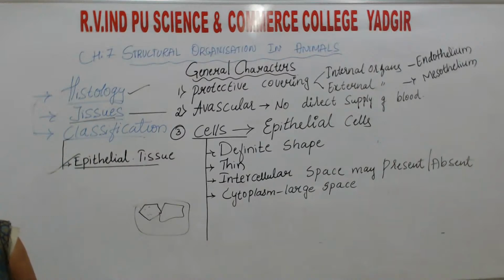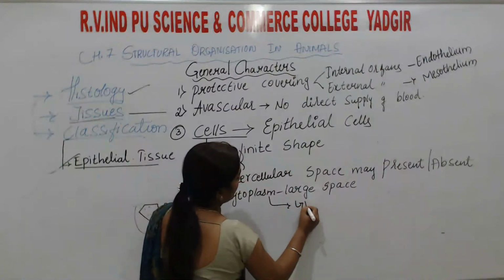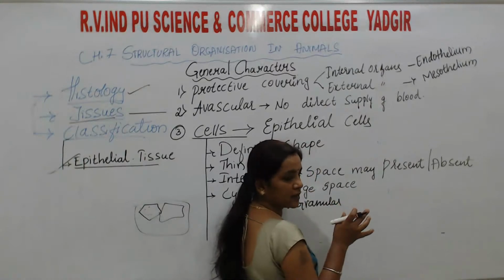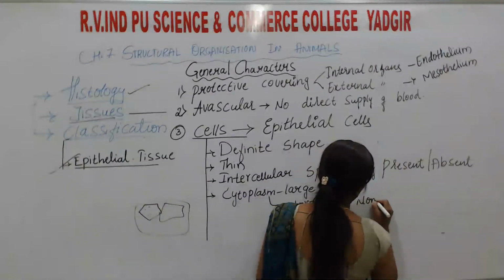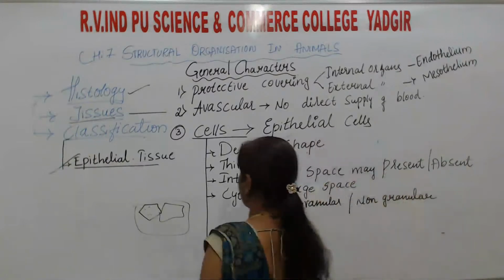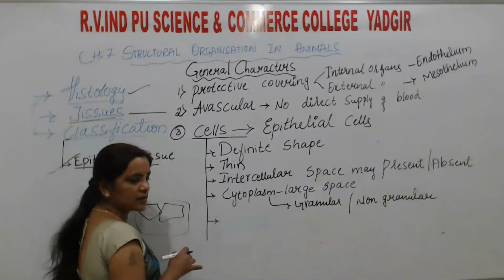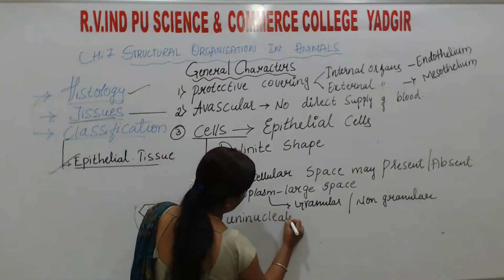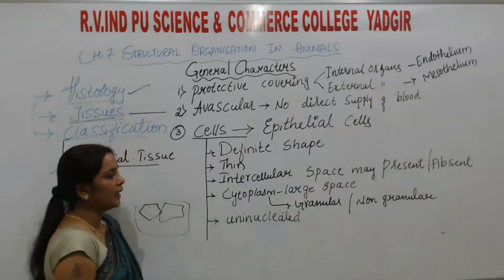And the cytoplasm may be granular or non-granular, having granules or not. Also, if you see the cells, they have only one nucleus, so they are called uninucleated.